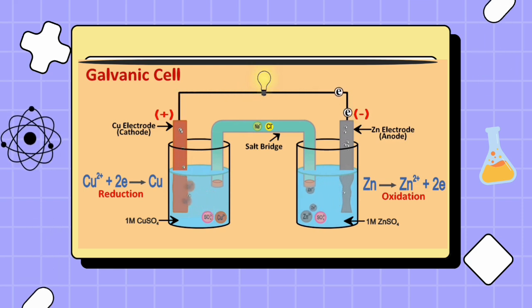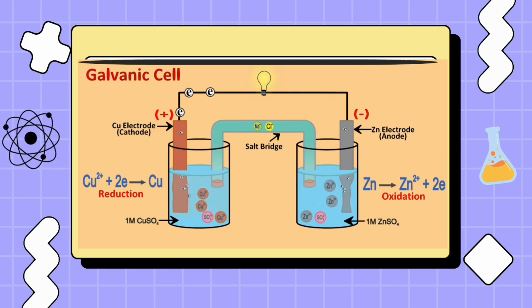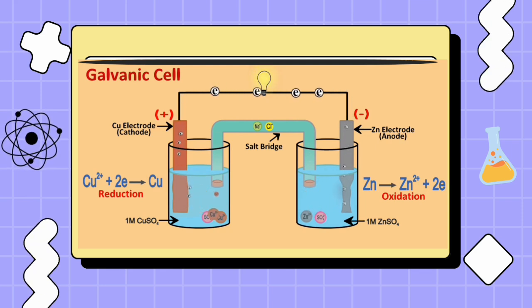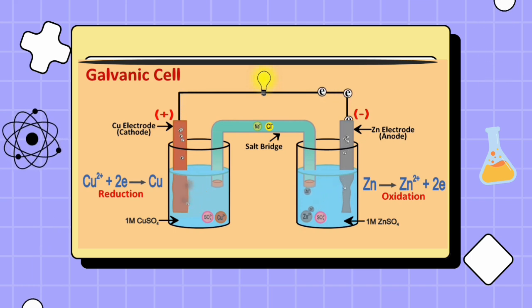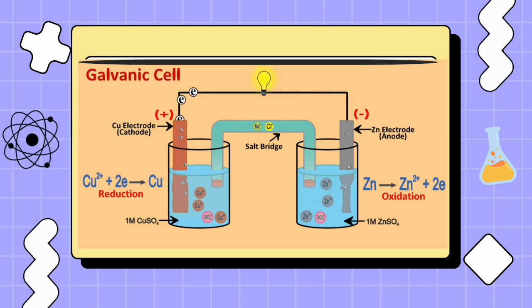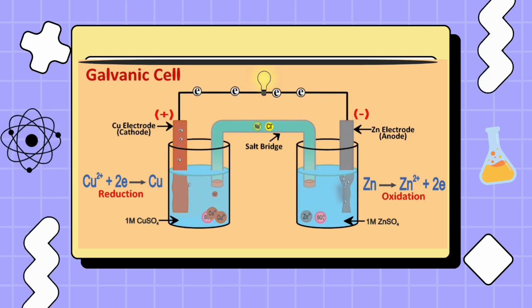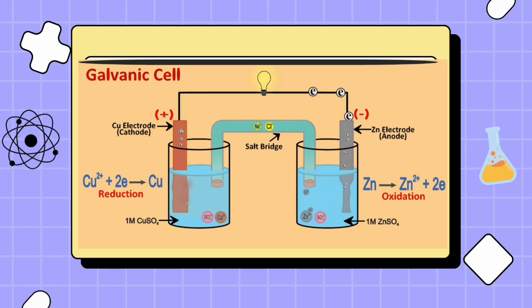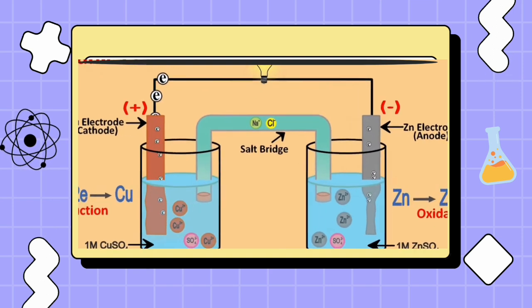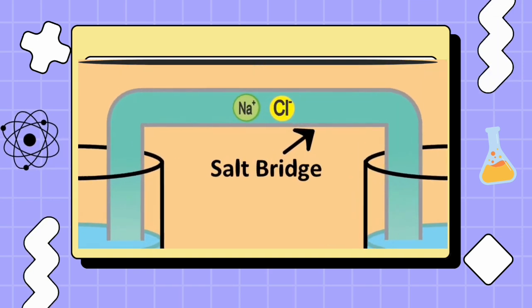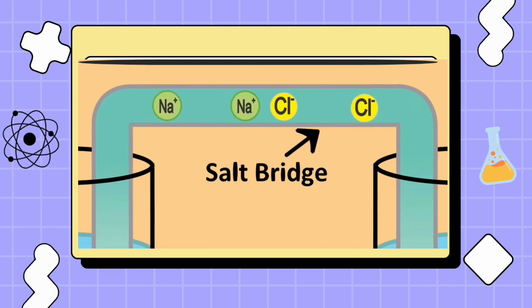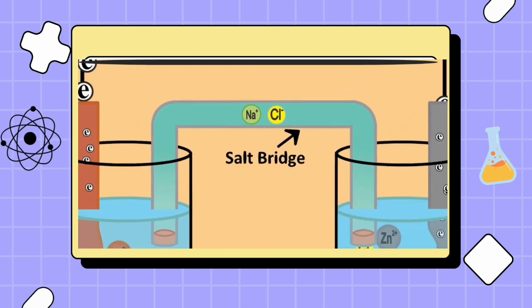This imbalance in the chemical reaction requires to be neutralized by another component. This component is known as the salt bridge. The salt bridge is composed of sodium chloride.